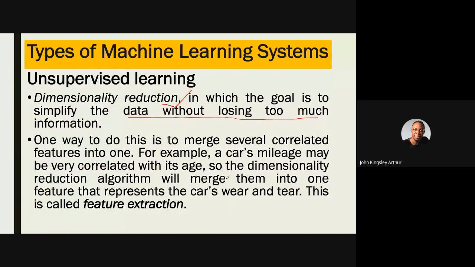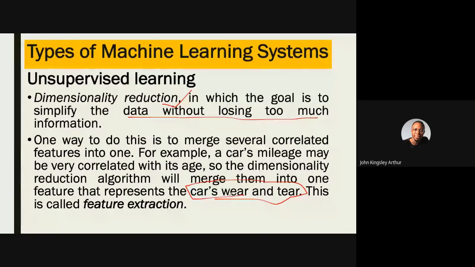The dimensionality reduction algorithm will merge them into one feature that represents the car's wear and tear. Okay? So the wear and tear will become a better feature, a better attribute about the car, to give to the learning algorithm to predict, let's say, the price of the car, instead of just passing on the age and the mileage.